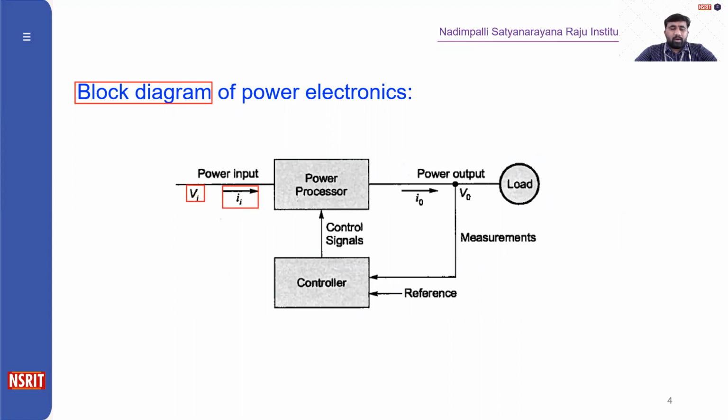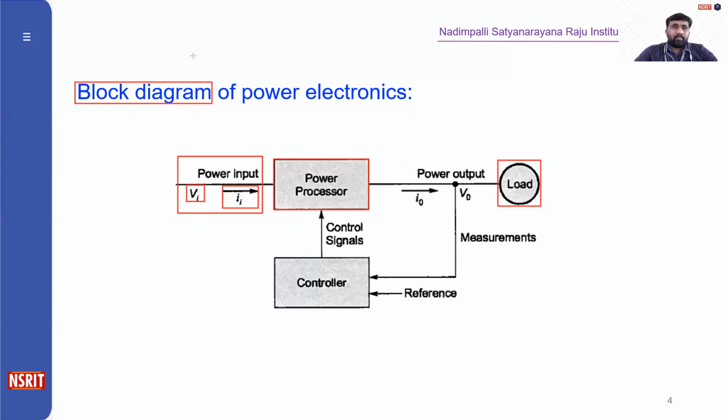These are given to the power processor. See, this is the power processor. This power processor is also known as power modulator, power electronic modulator. This power electronic modulator will convert the available input power supply into the desired output, which is feeding to the load.